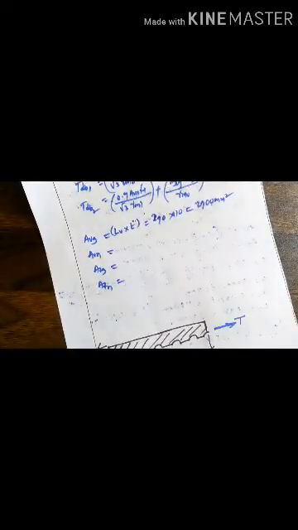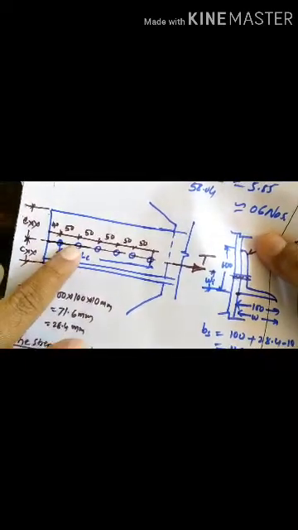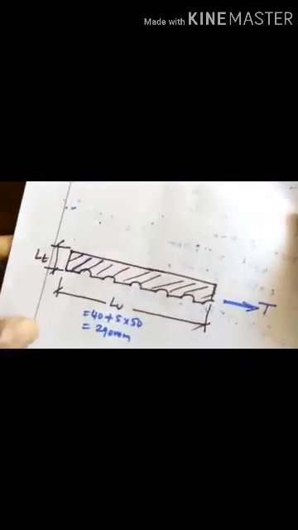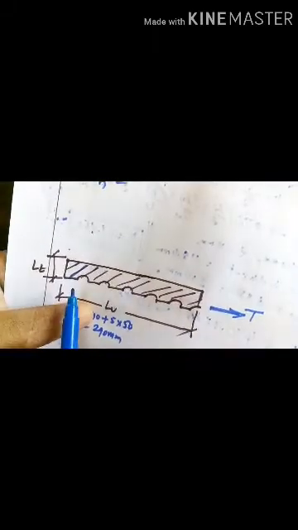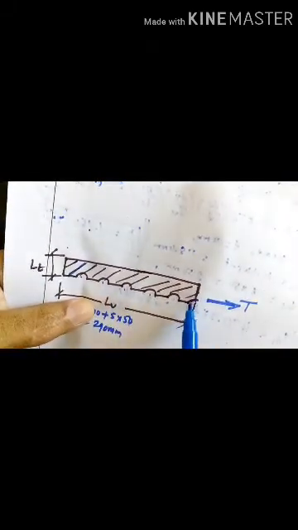Then AVN, that is deducting the holes. How many holes? 1, 2, 3, 4, 5 full holes. Then half of this one here, you'll get 5 bolt holes, 1, 2, 3, 4, 5, and this is half.